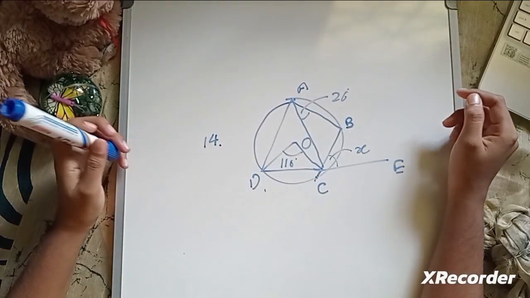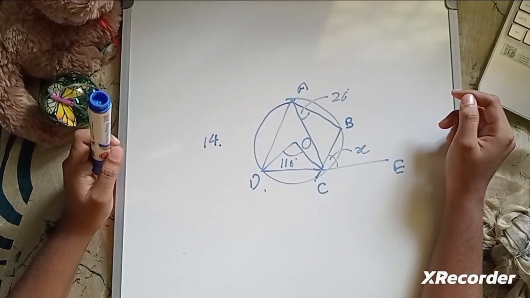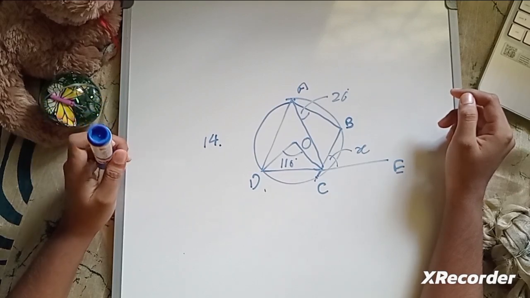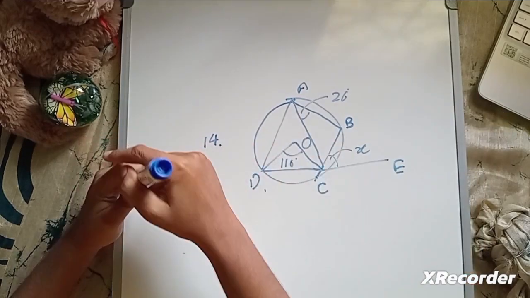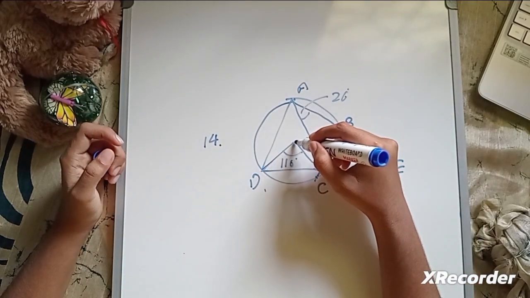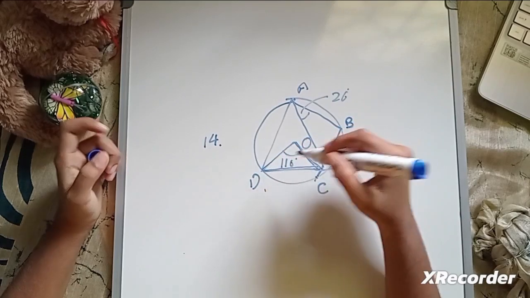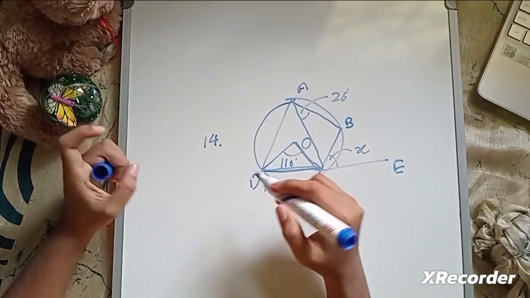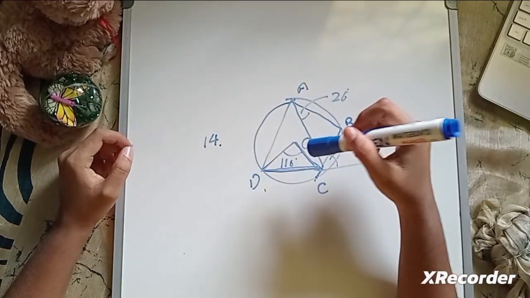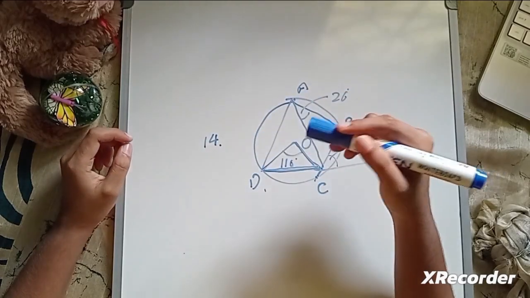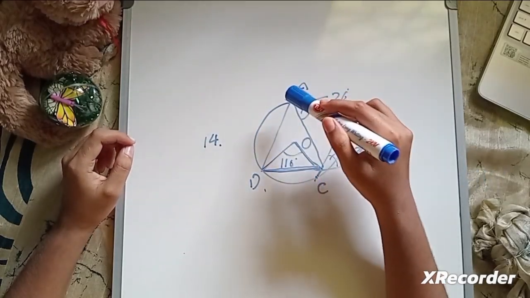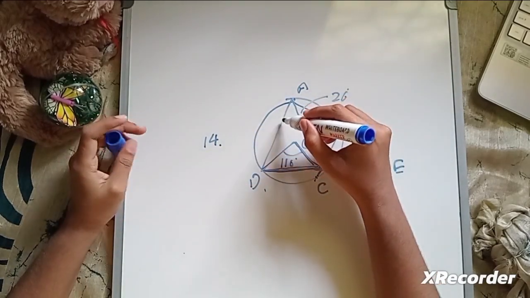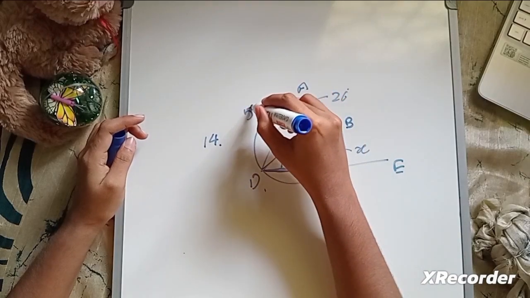So how to find this? I think you can remember this theorem. The angle which meets at the center by a chord is 2 times the angle made on the circumference by the same chord, which means this angle is 55.